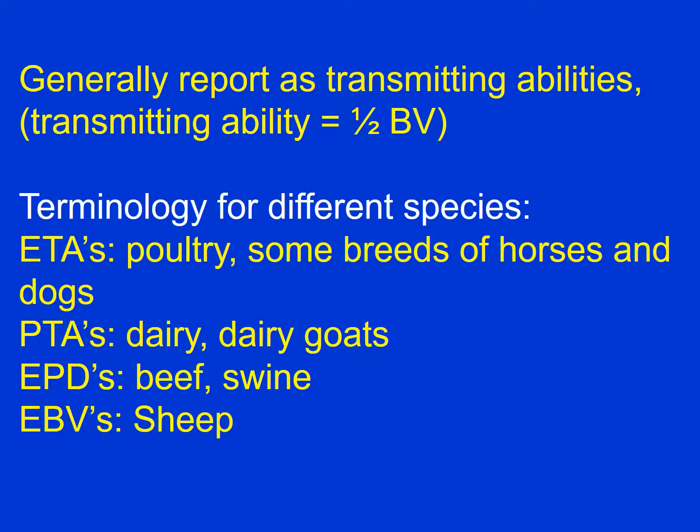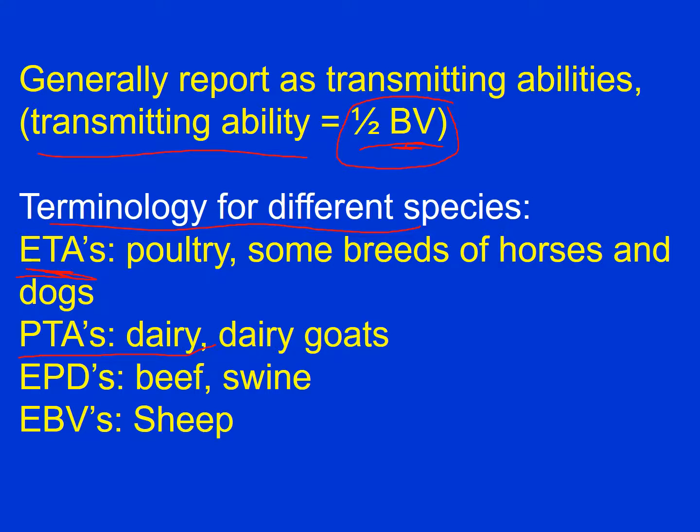In livestock production, we generally report these genetic evaluations as transmitting ability. We're most concerned about how much these selected individuals are going to transmit to their offspring. An individual transmits half the genes, so the estimated transmitting ability is 1/2 the genetic value or breeding value. To make things a little confusing, we use different terminology for different species. For poultry, some breeds of horses and dogs, we consider it estimated transmitting abilities.